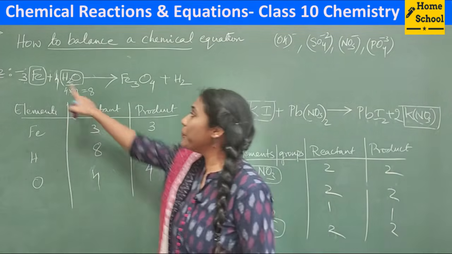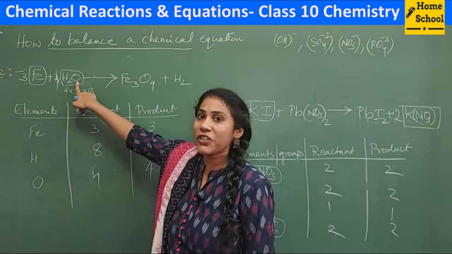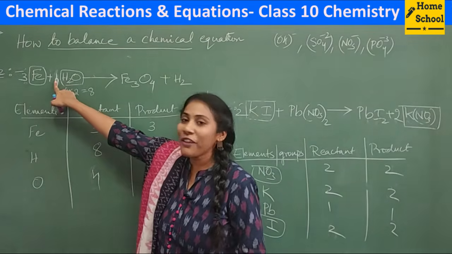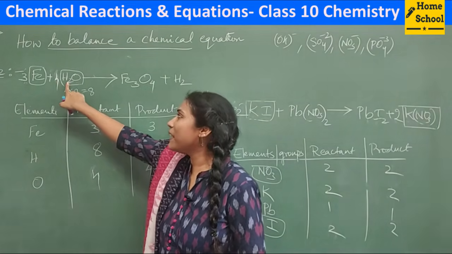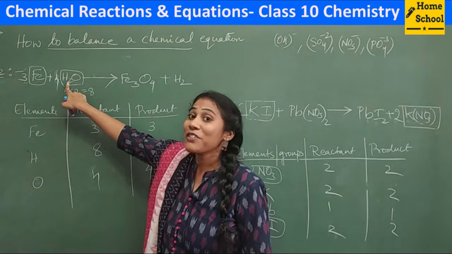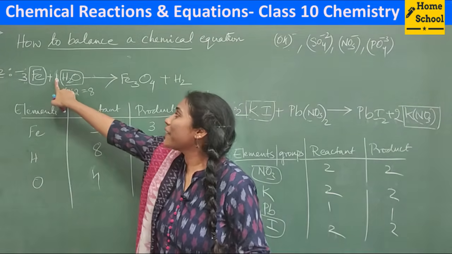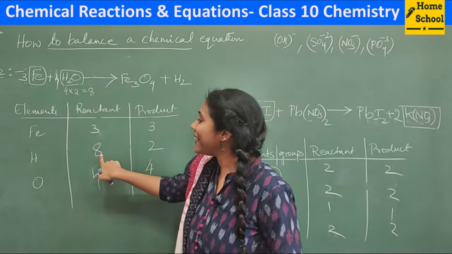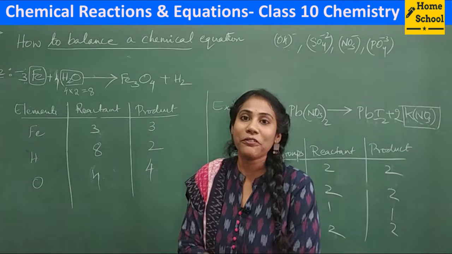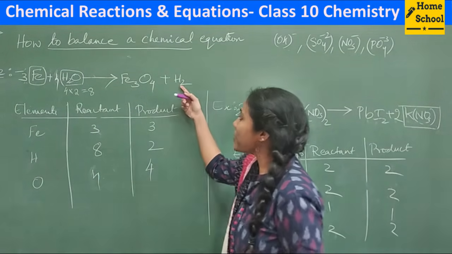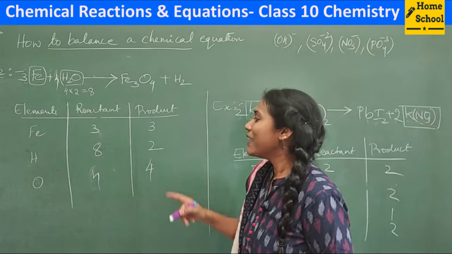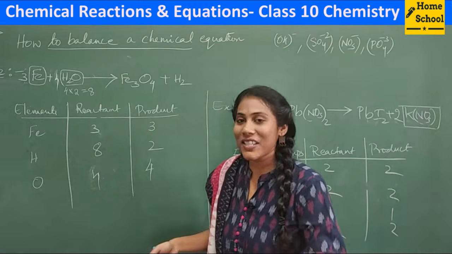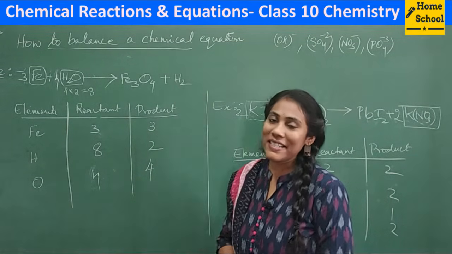Okay, you have put 4 to balance oxygen. But now, once you have put 4, this 4 belongs to hydrogen also. So how many hydrogen atoms are there? 4 into 2, 8. It has become 8 hydrogens now. And now how many hydrogens are there in the product? 2. Again hydrogen balancing has changed. Now you have to balance here.